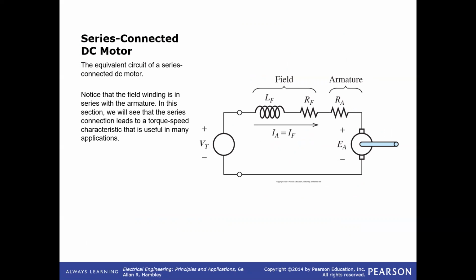Okay, the last one is the series connected DC motor. As you can see here, the field circuit and armature circuit are connected in series, where IA right now is equal to your field current IF.